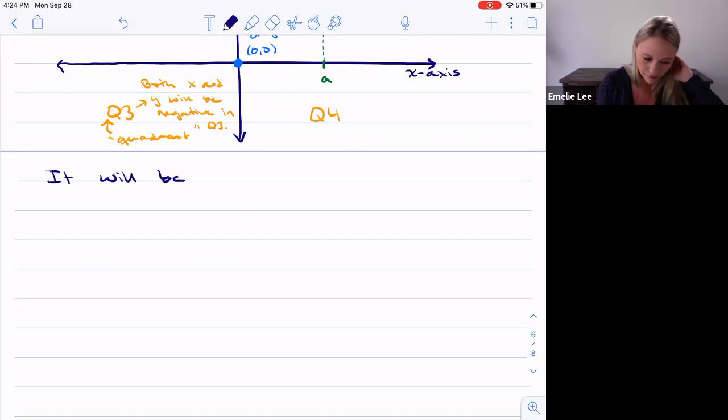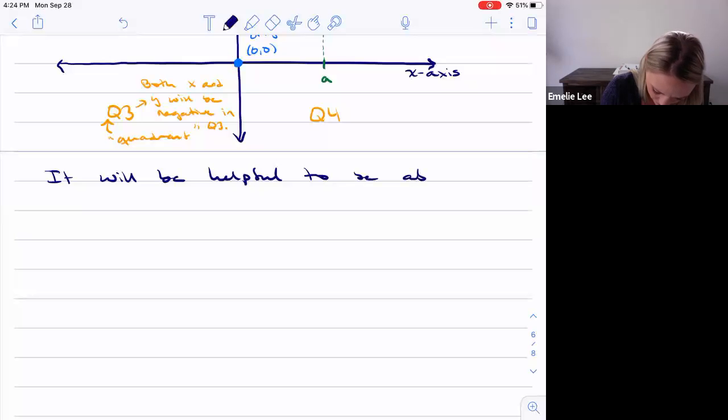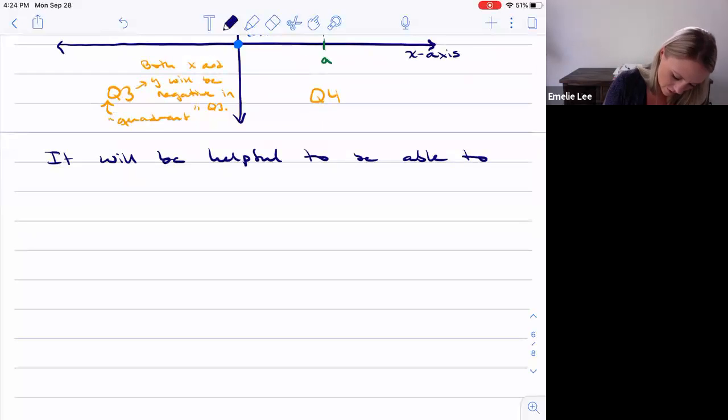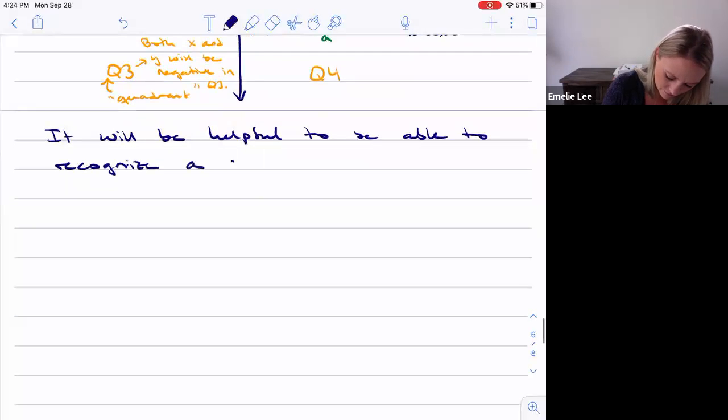It will be helpful to be able to recognize an equation of a straight line.